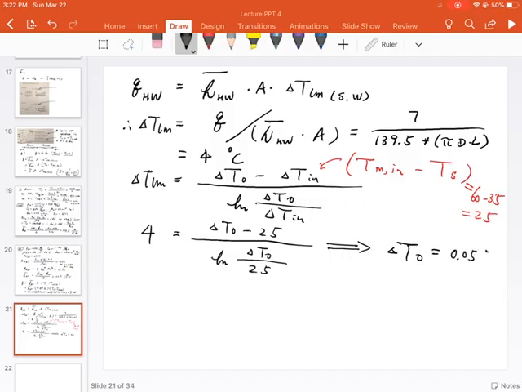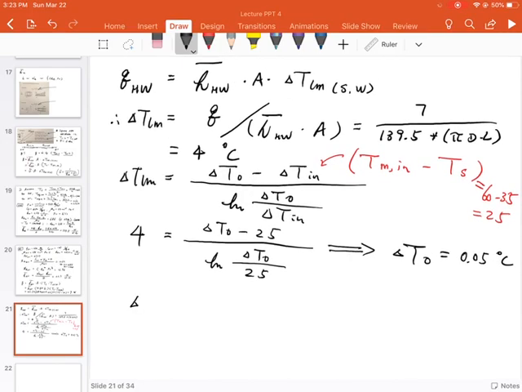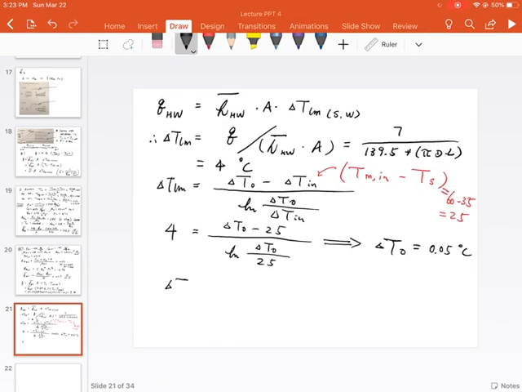So this T equals the water temperature at the outlet minus the surface temperature, right? And this, according to what we calculated, should be equal to 0.05. So we need to calculate this guy.